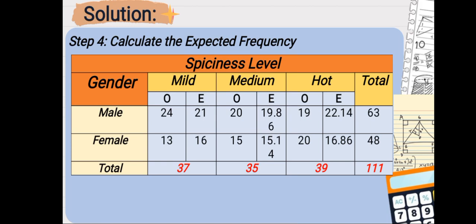Next, 48 times 35 divided by 111, we got 15.14. Then 63 times 39 divided by 111, the answer is 22.14. 48 times 39 divided by 111, the answer is 16.86, rounded up.